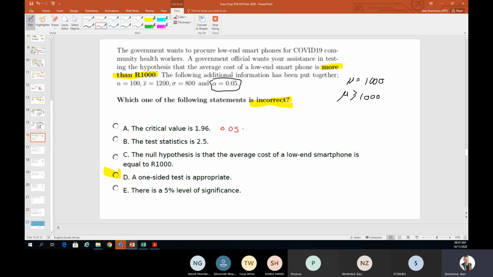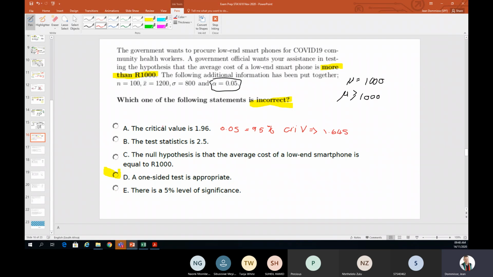And at the 0.05, so that is 95%, what is my critical value for a one tail? At 95%, I again go back to that table, and for 95% the critical value is 1.645.